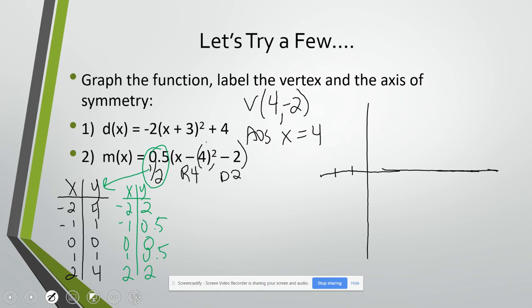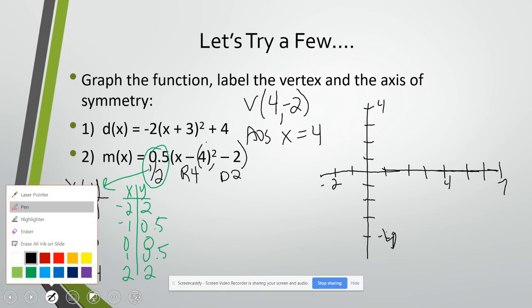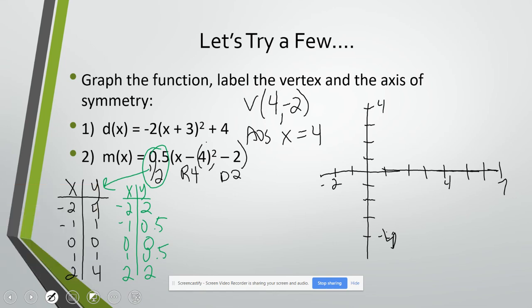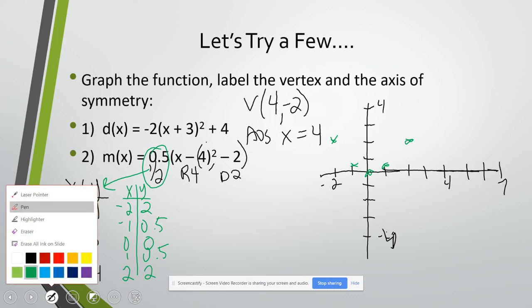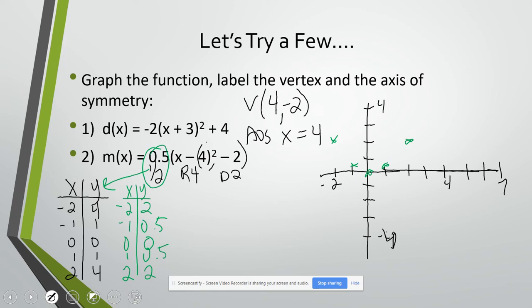I'm going to sketch this graph. So right now we have negative 2, 2, negative 1, 1/2, 0, 0, 1, 1/2, and 2, 2. Now we're going to assign each one of those right 4 down 2.